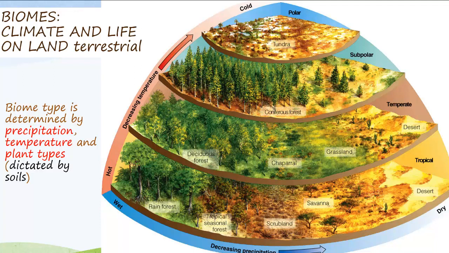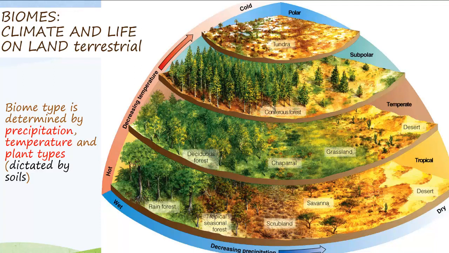So find a deciduous forest in this diagram. I love diagrams. Diagrams are great for studying. So deciduous forest, that's the biome you live in here in Maryland, right? Use the diagram to tell me how a deciduous forest is different from a rainforest. You should have said a deciduous forest is cooler. And if I ask questions and you need more think time, just pause.